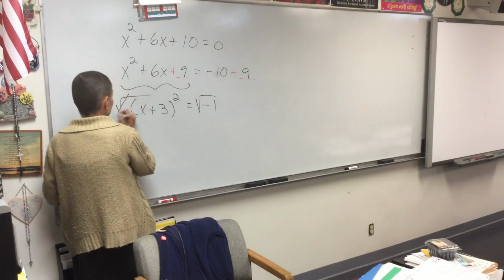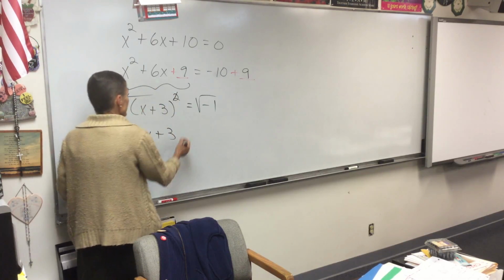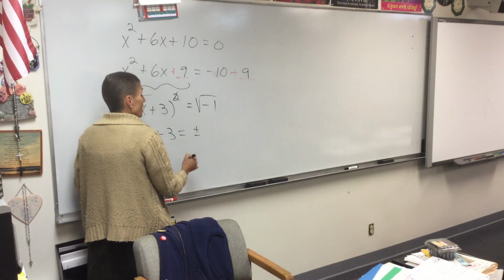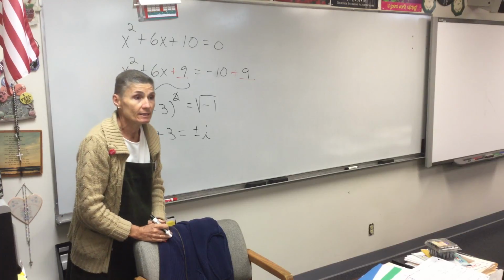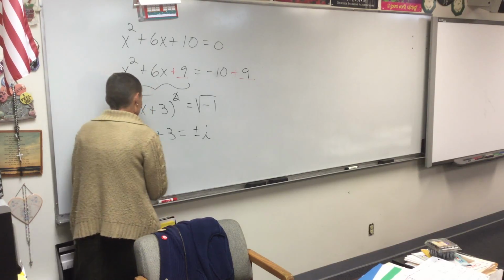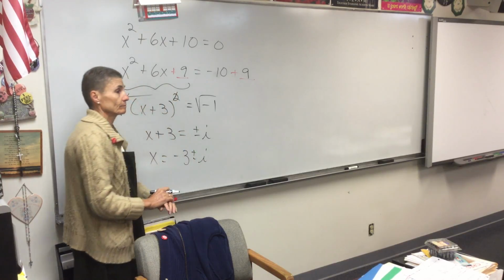And when we square root a squared, they cancel out, so we have x + 3 equal to plus or minus i, because the square root of -1 is i. And then we add the 3, or subtract the 3, and there we go.